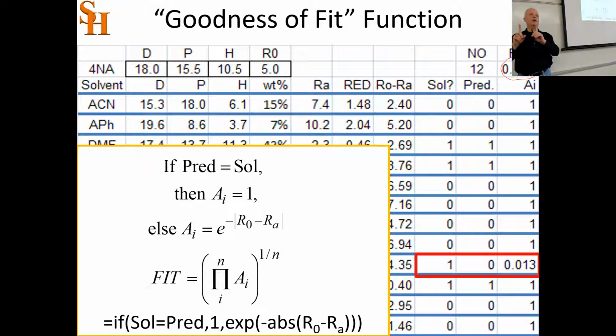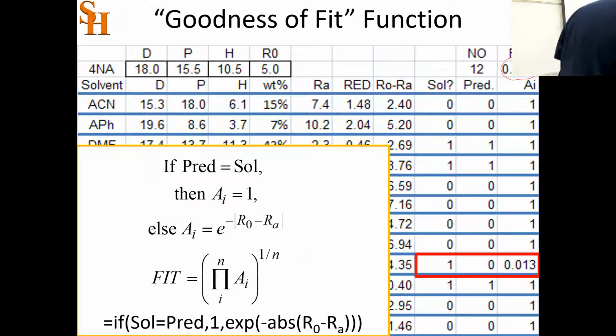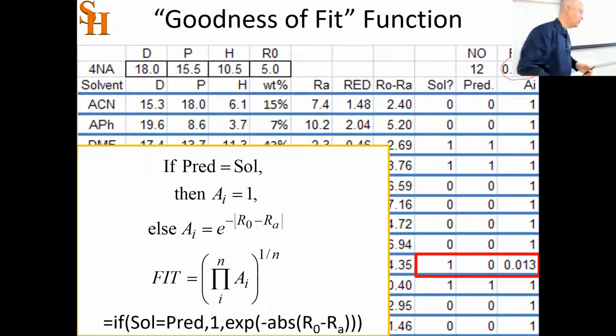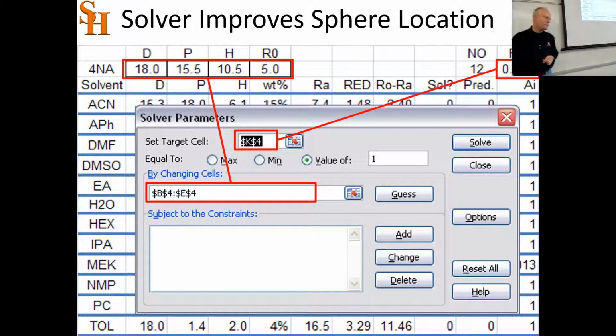But what about the combinations? You know, the diagonals in that space. Excel has some clever search algorithms for finding those diagonals as well. So that's the Solver. So that's what we do next. That fit value goes into the target cell.